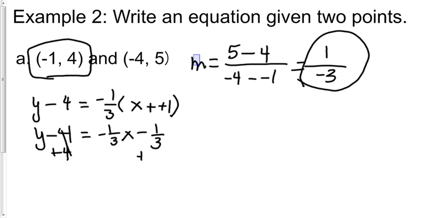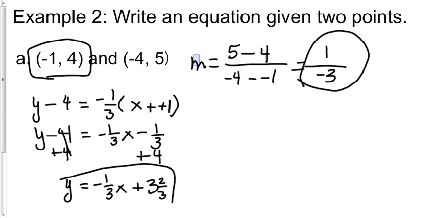Add 4. And my equation is y equals -1/3 x. And if I'm taking -1/3 plus 4, it's going to leave me with +3 2/3 as my b value, my y-intercept. There you go.